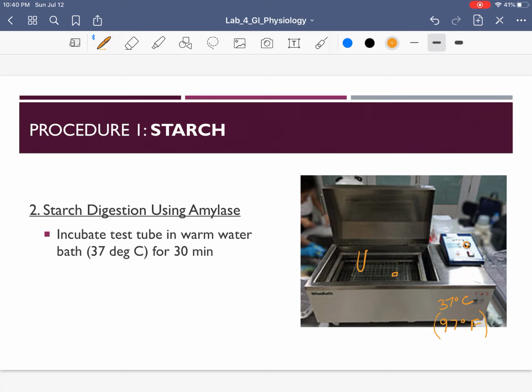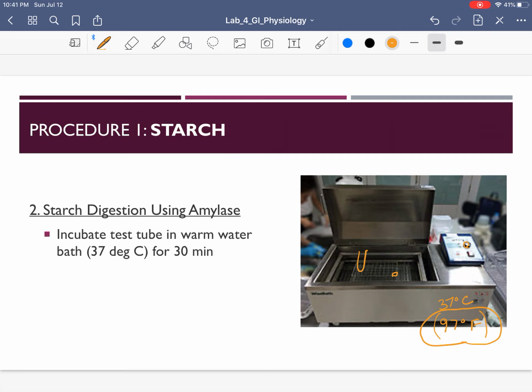So we put these test tubes with starch and the amylase enzyme into a warm water bath that is the same or similar temperature to what our core temperature is in our body. And this is where the digestion is actually happening in our intestines, right? So what's the temperature in our small intestine? About 97, 98.6 degrees. So we want to mimic that in the lab.